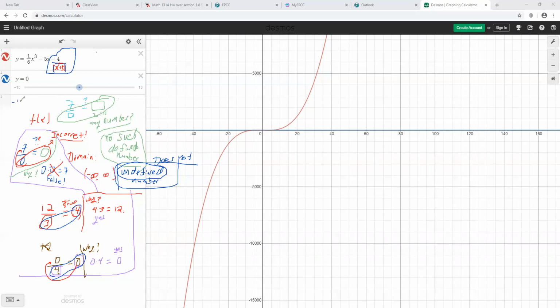So what number would we put right here for x and end up having no such defined number as the answer? What number would we have to put right there for x? 0. Okay, 0. That's a popular answer. So what happens if we do put 0 right there?